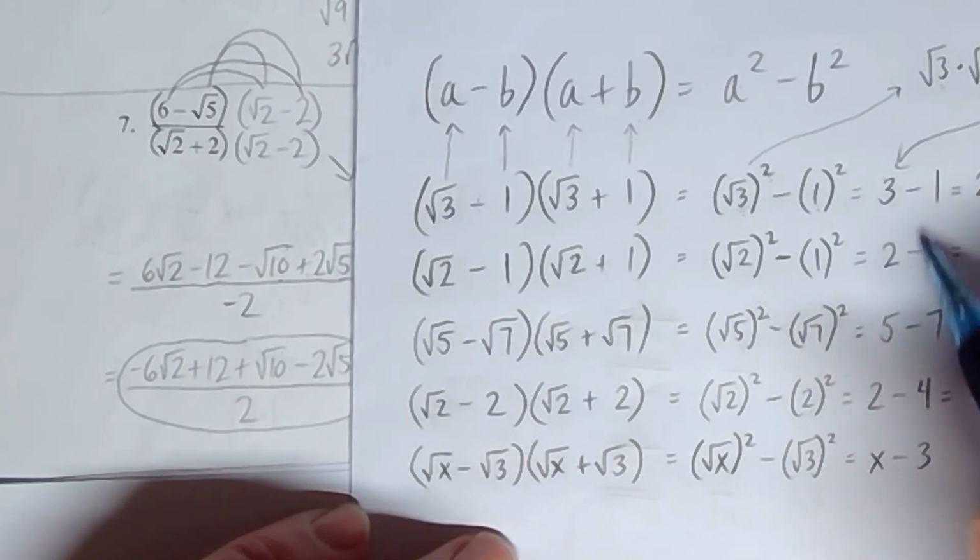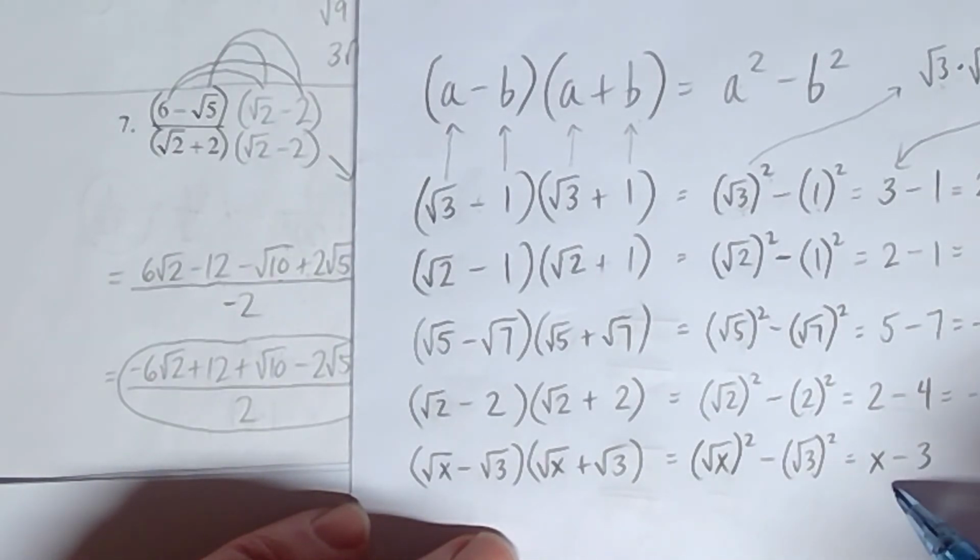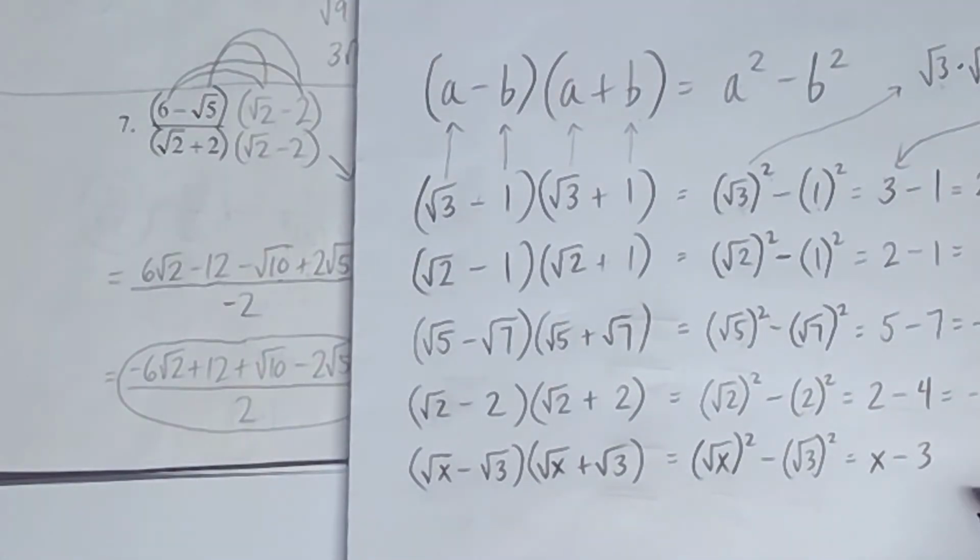Okay, all these other ones were like terms, so we were able to subtract. You can't subtract x and 3 because they're not like terms. Yes, I know that we're normally supposed to have a single term on the bottom of our fraction in this section when we rationalize the denominator. But it is okay actually to have 2 terms, just so long as there's no radical and just so long as they're both normal monomial terms.